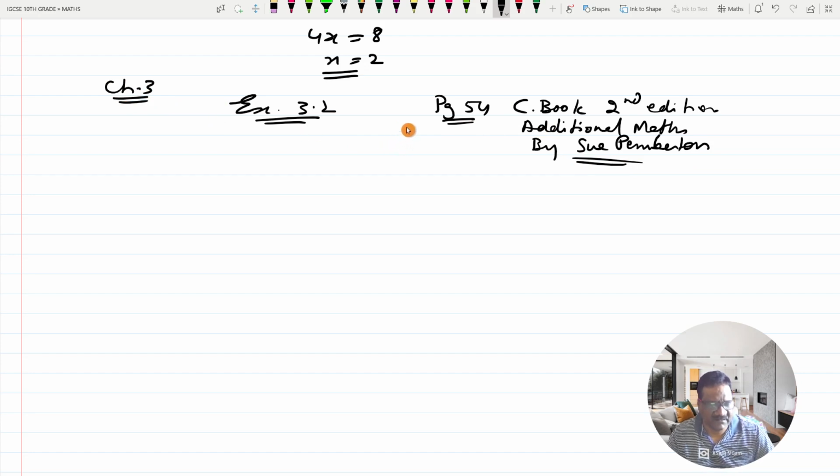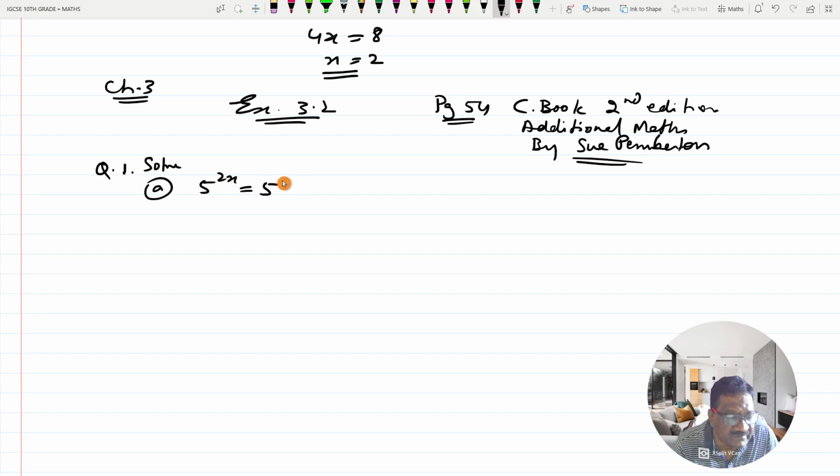So, exercise 3.2, the very first question is question number 1. It says, solve each of the following equations. And in this question number 1, you have A. Subquestion A is 5 raised to 2x is equal to 5 raised to 7x minus 1.